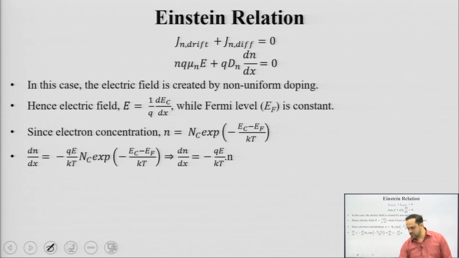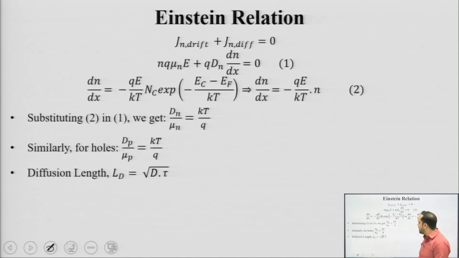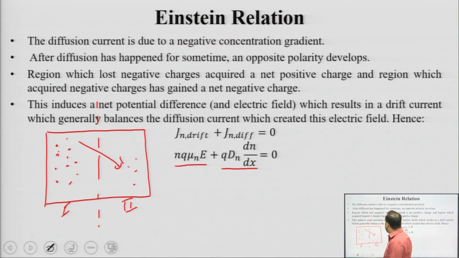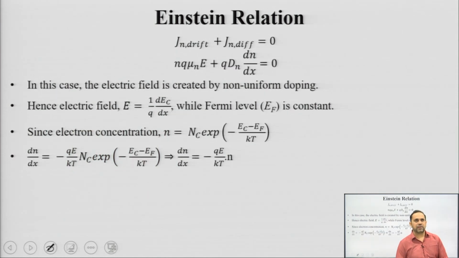Why we are taking this conduction band energy: see this region here, there is going to be a higher probability of finding electron as compared with here. So, your energy band diagram is going to have a slope. Whereas, the Fermi level remains constant at equilibrium, but other levels like E_c, E_v and E_i, the intrinsic Fermi level, are going to have a gradient.